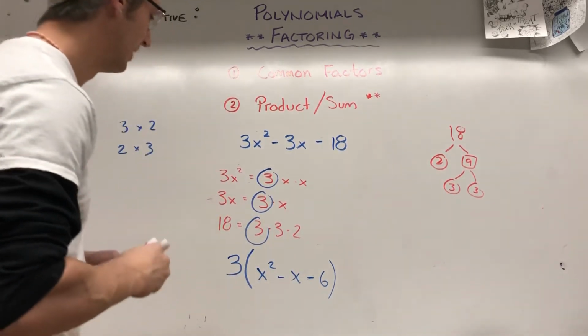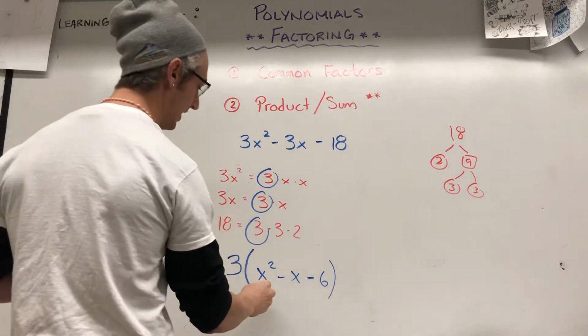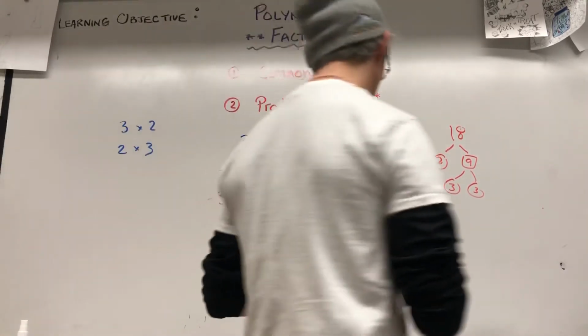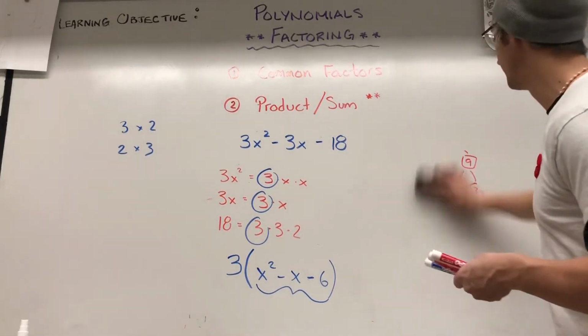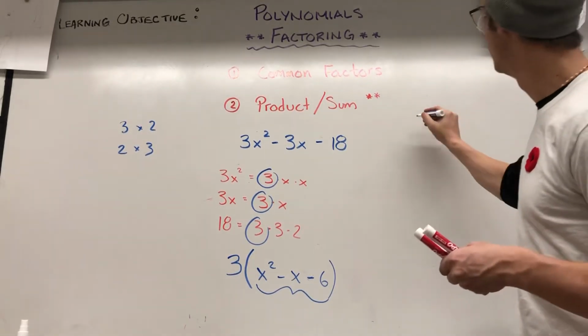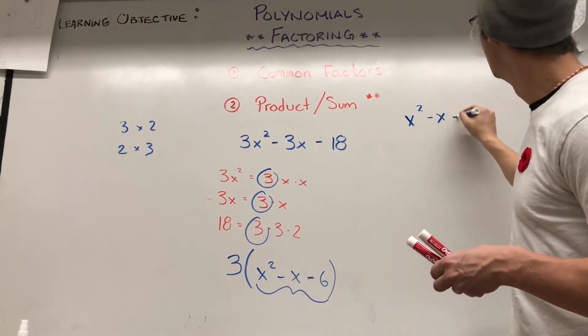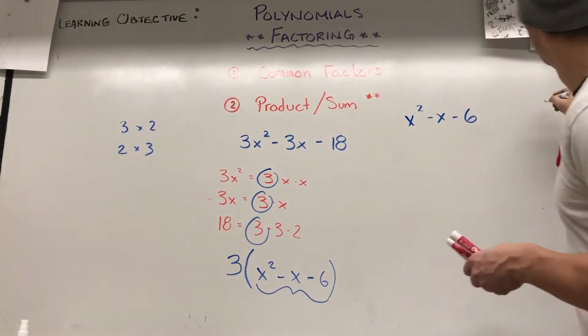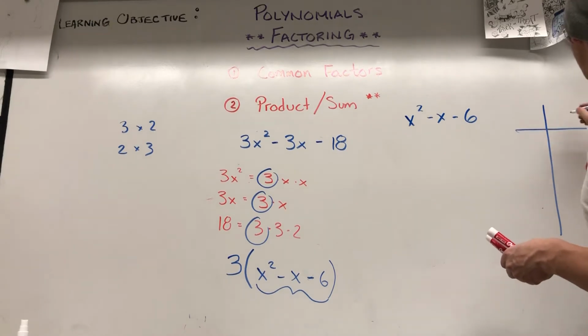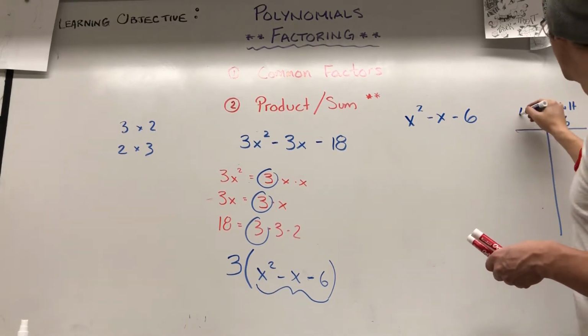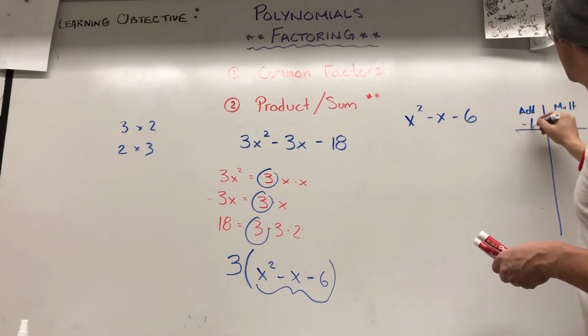Okay? And so I look at now this thing here, and I can't factor this further, but I can try my product sum to see if I can factor that down further. So I have x squared now minus x minus 6. And in my product sum, I say, okay, two numbers that multiply to negative 6 and add to negative 1.